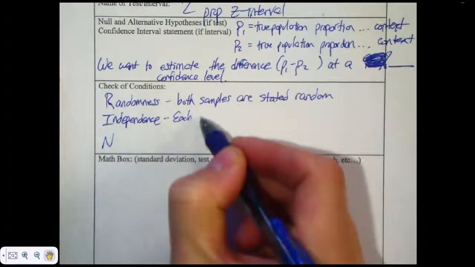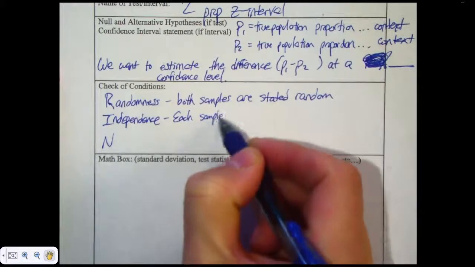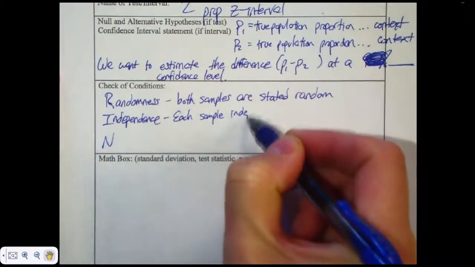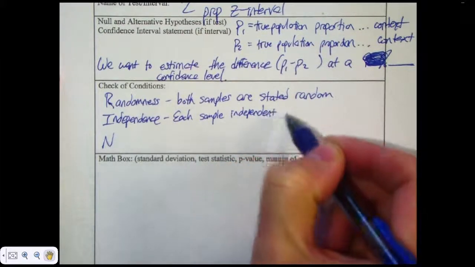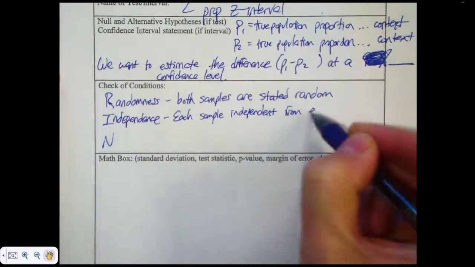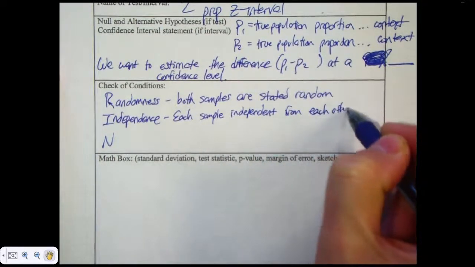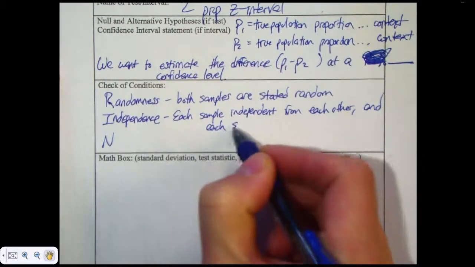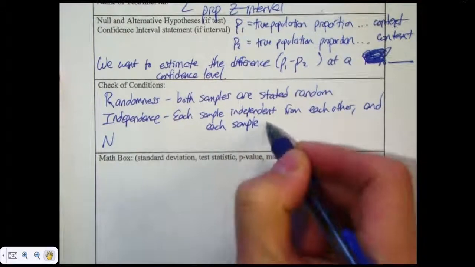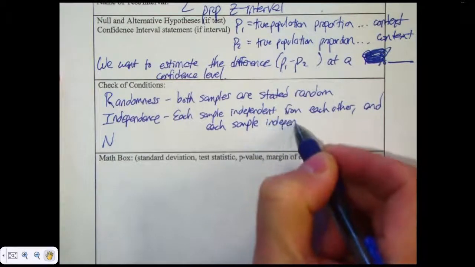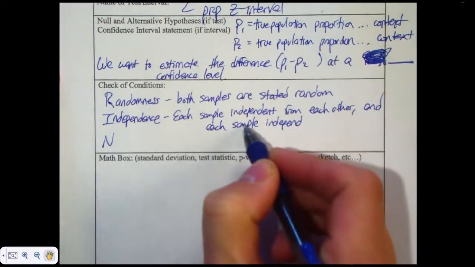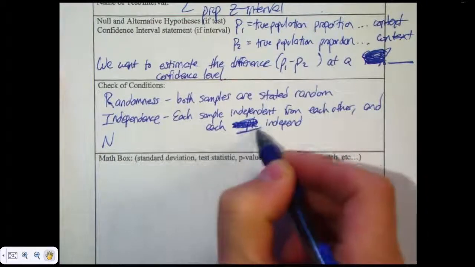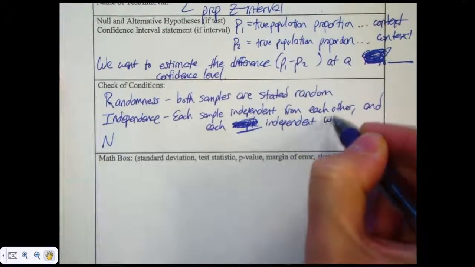I'm going to say each sample independent from each other, and each blank independent within each sample.